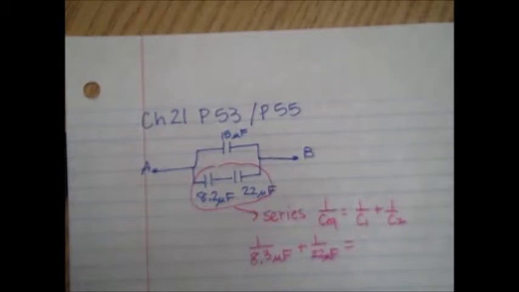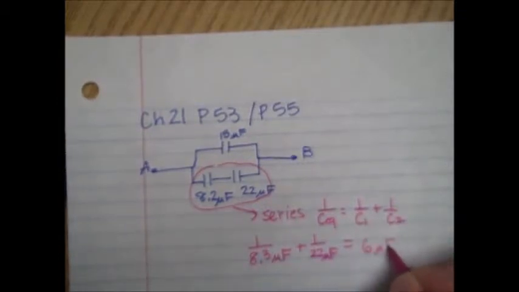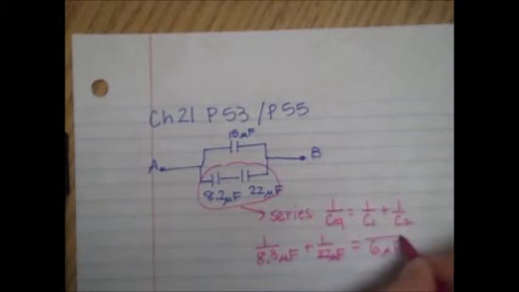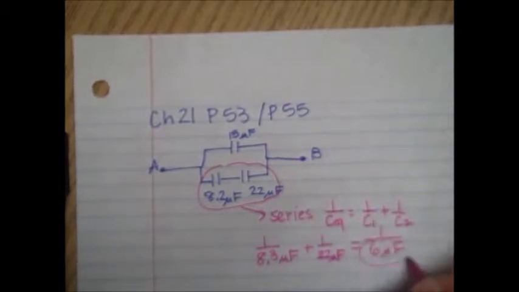And for this series section, we got that the equivalent capacitance of that part is 6 microfarad. Then you could look at the whole situation overall, where this would be 1 over 6, so this would kind of be the equivalent capacitance answer.